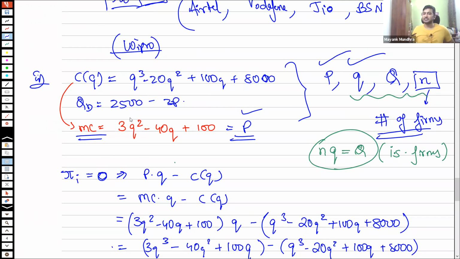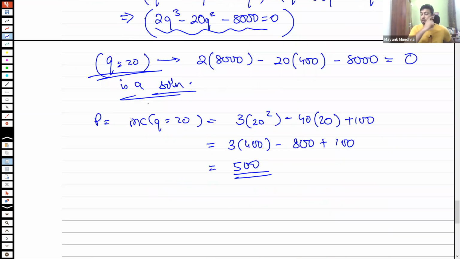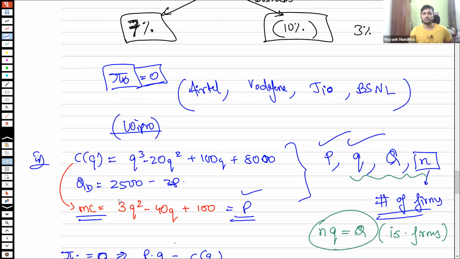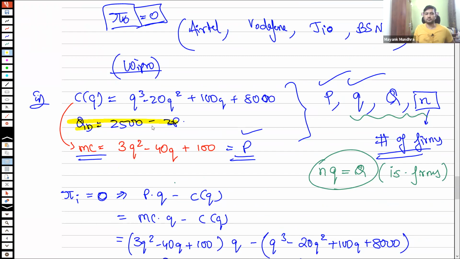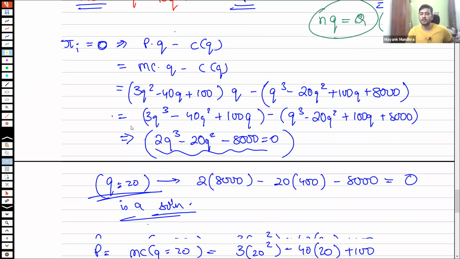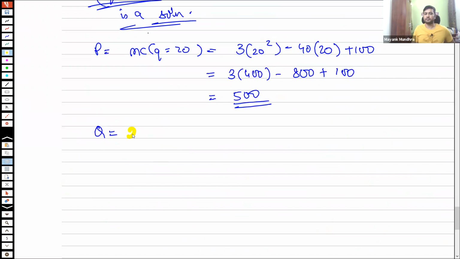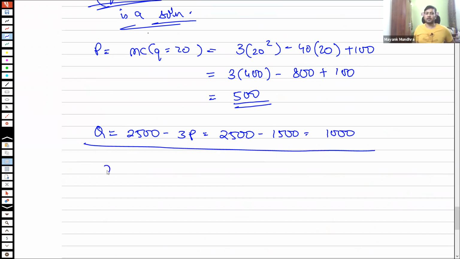If I have the price, I can use it to generate the total demand using this equation. So now I have my q equals 20 and capital Q equals 1000.